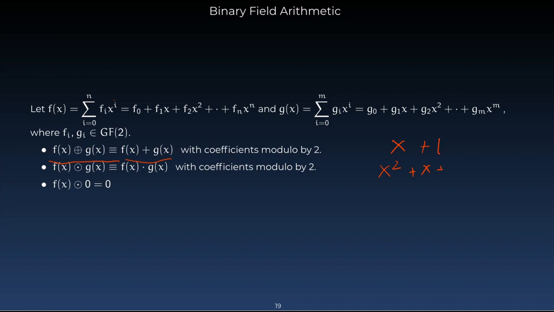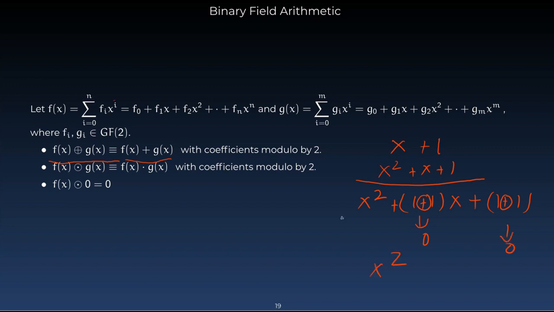This is again modulo 2 addition, so you will see that 1 plus 1 is 0 and 1 plus 1 is 0. So our result becomes x squared only. This is how polynomials are added together in binary field arithmetic.